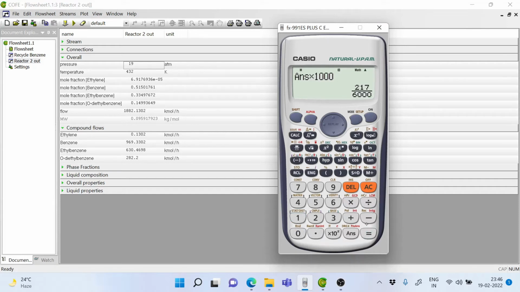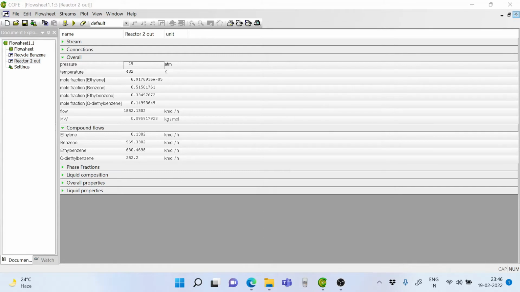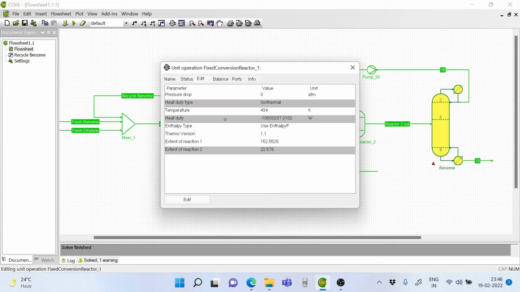I have converted this value into moles per second. So it is 0.03616 moles per second.